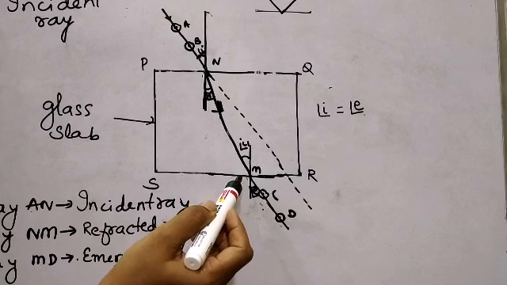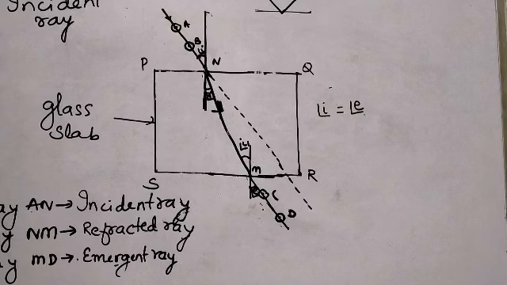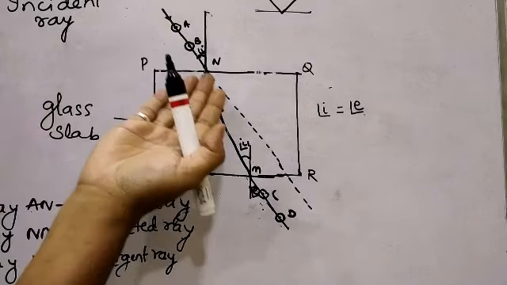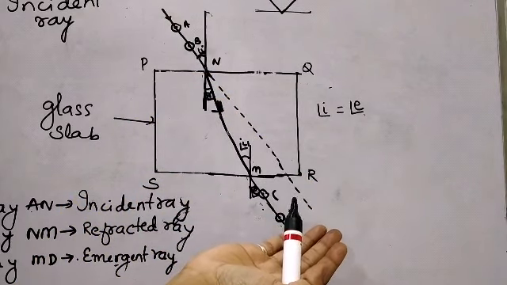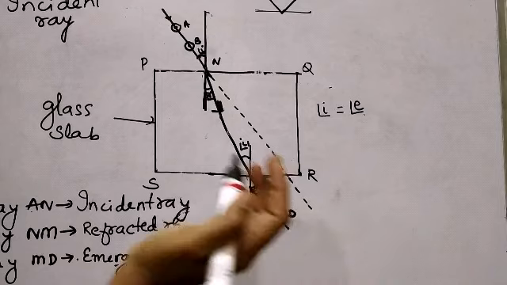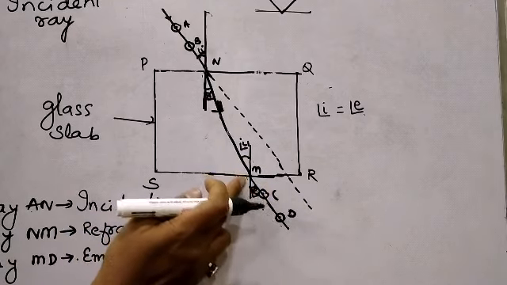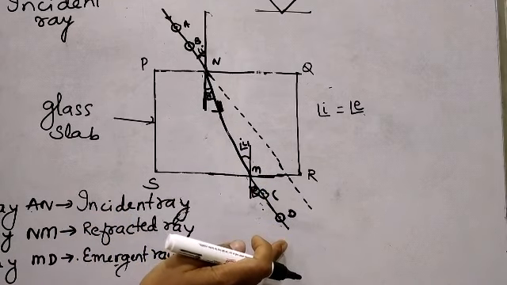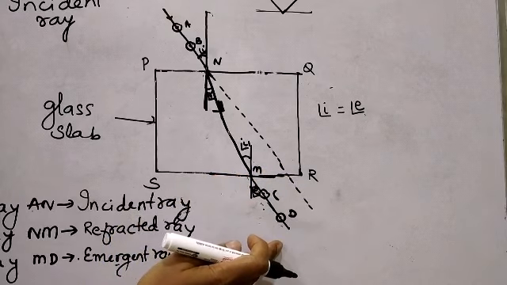No, that wouldn't have been possible, because in the absence of the glass slab there wouldn't have been a change in medium. The incident ray would have traveled straight without bending. So it is in the presence of the glass slab that the incident ray bends and the incident ray becomes parallel to the emergent ray. Isn't it? The incident ray is parallel to the emergent ray.